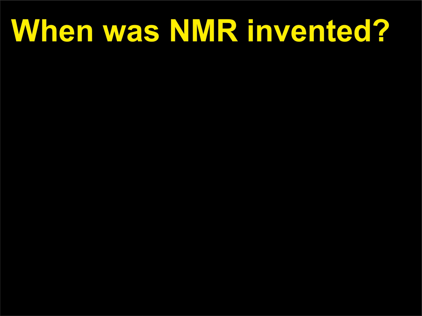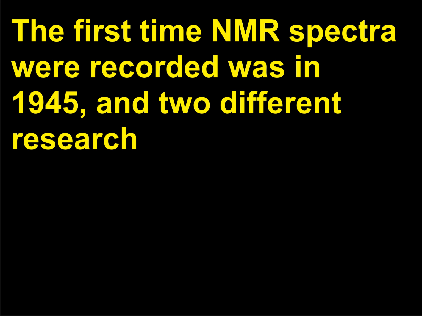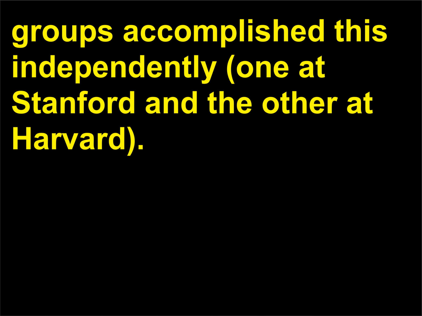When was NMR invented? The first time NMR spectra were recorded was in 1945, and two different research groups accomplished this independently, one at Stanford and the other at Harvard.